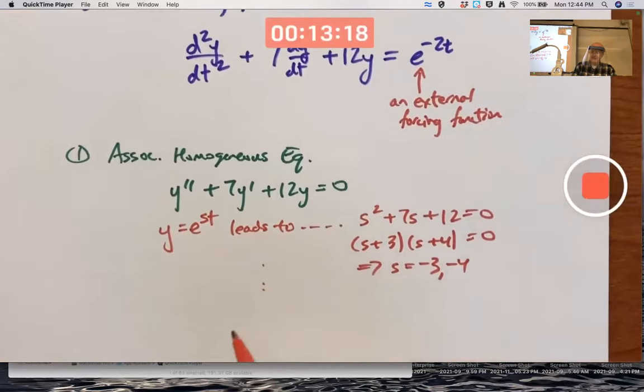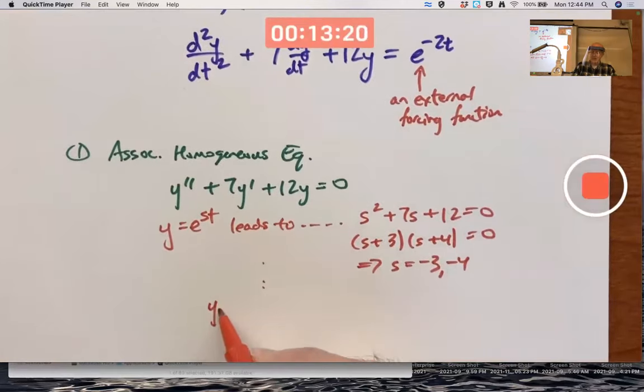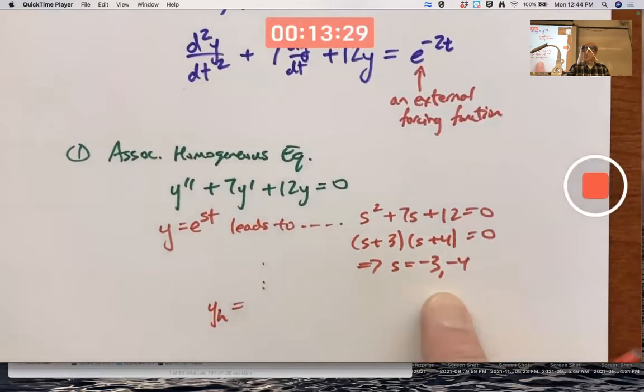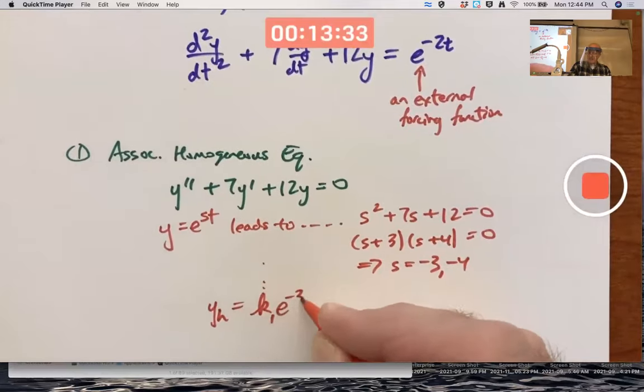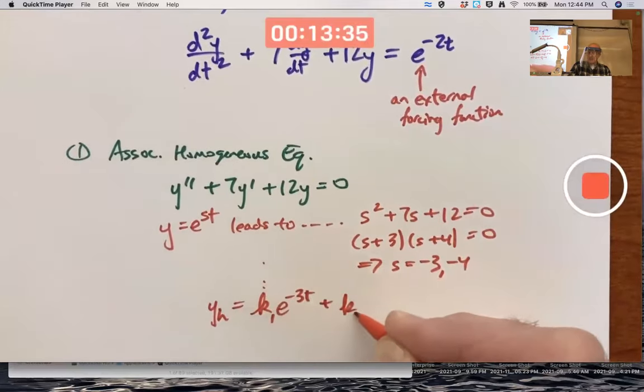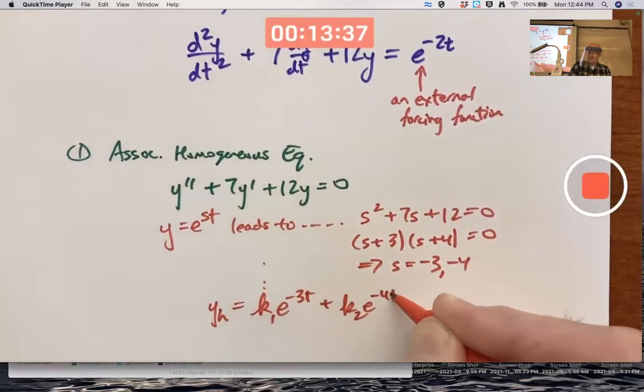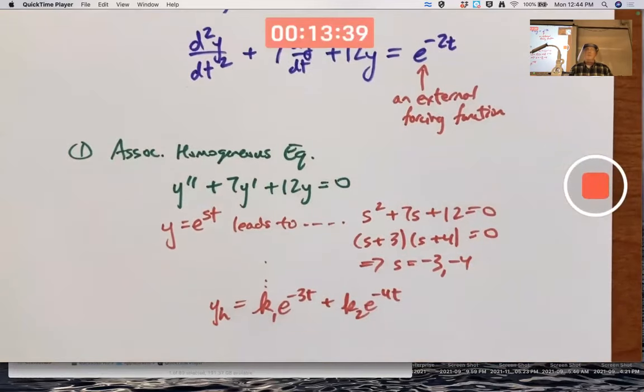And all this then gives you a general solution of the corresponding homogeneous equation, which we'll call y_H, to be an arbitrary linear combination of e to the -3t and e to the -4t. Say k1 e to the -3t plus k2 e to the -4t. Some linear algebra can be commented about here.